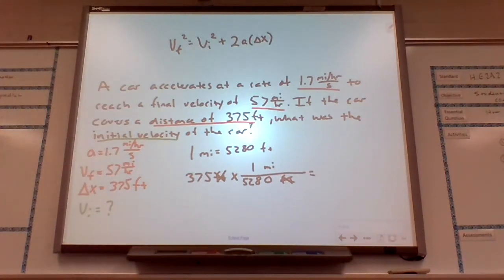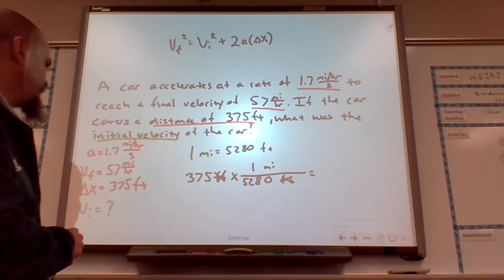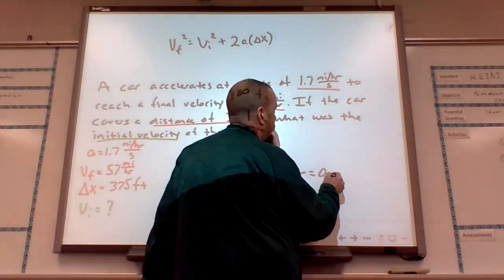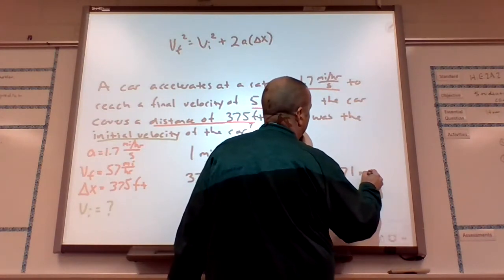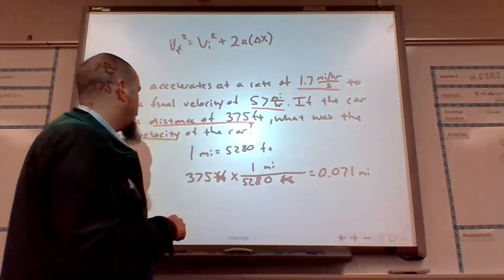But the way I generally tell you to work with this is if that 5,280 is on the top, you would multiply by it. If it's on the bottom, you would divide by it. So it's on the bottom this time. So it's 375 divided by 5,280, which is 0.07102272727, repeating. So I'm just going to do 0.071. And that would be miles, because that's all that's left.